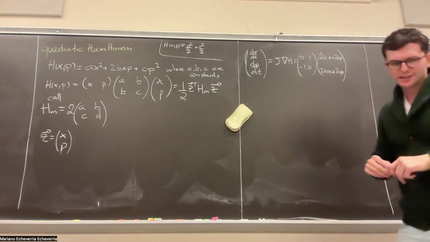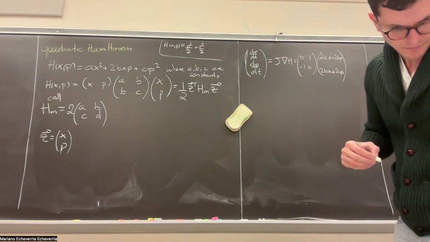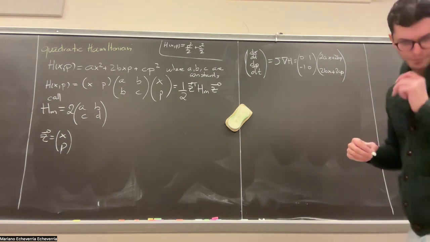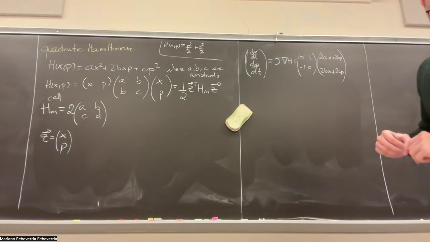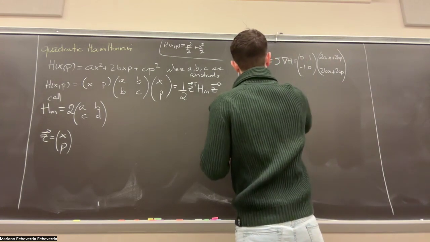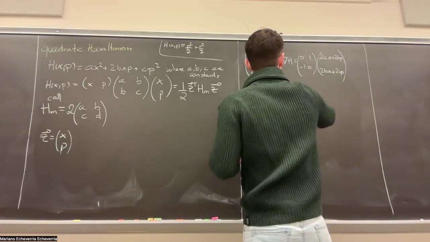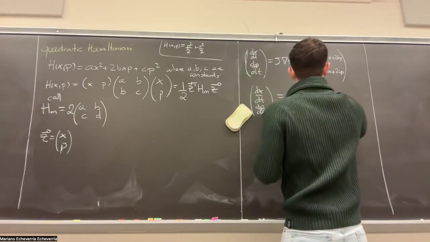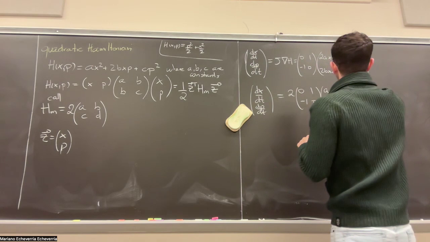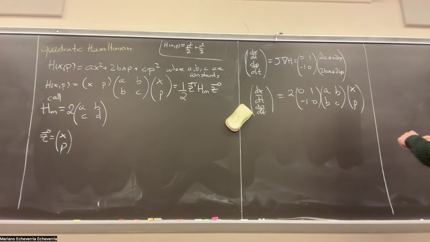So you see all these factors of 2 show up. Well, you can take out the twos everywhere: 2, times 0, 1, -1, 0, and then the matrix A, B, B, C, times x, p. That does give you the same thing.